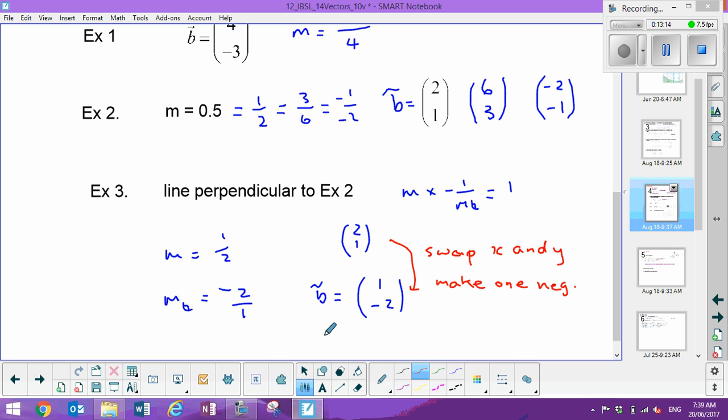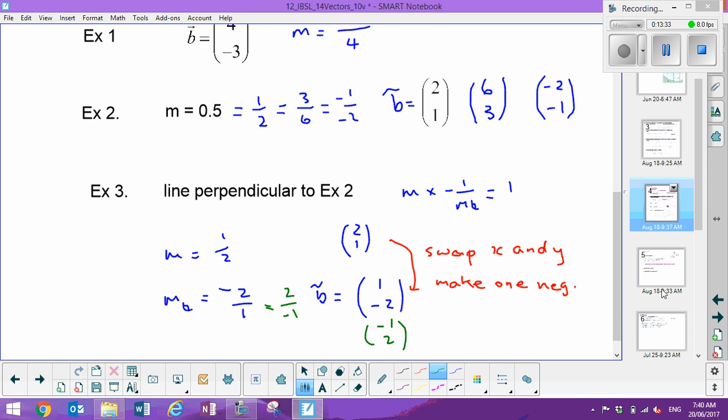So I could have just as easily written that as 2 over minus 1, which means I would have had minus 1, 2. Both of those are the same. They've got the same gradient, same direction.